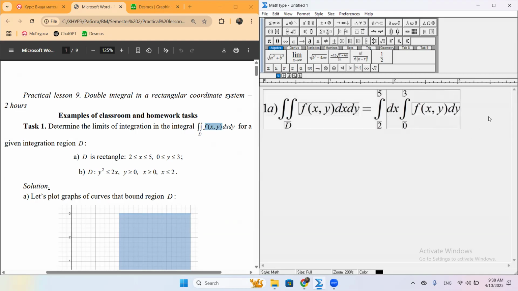Actually, 1a is done, so that's what was required. Of course, when calculating double integrals, you should always plot the region to understand how to determine limits. Any questions about this exercise?